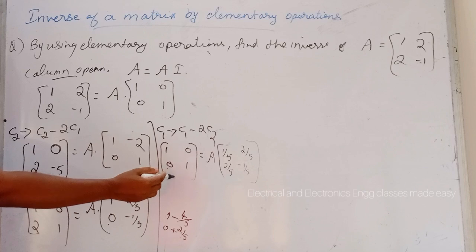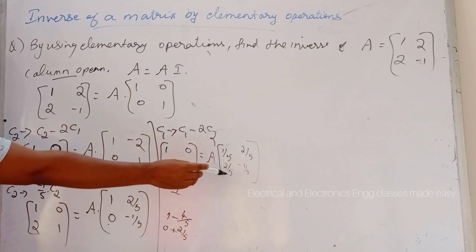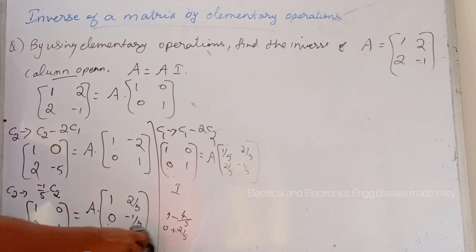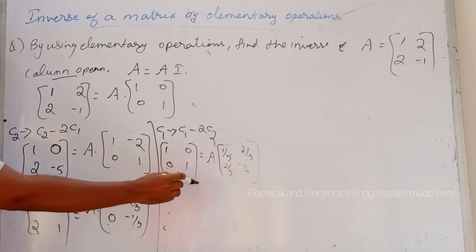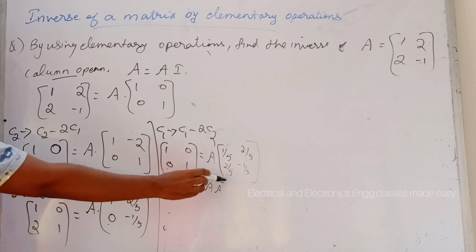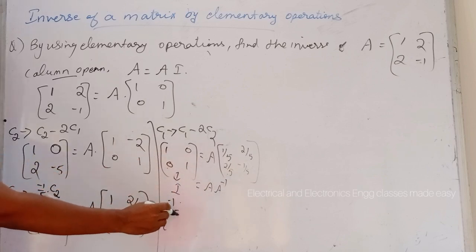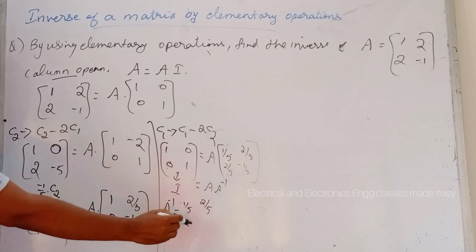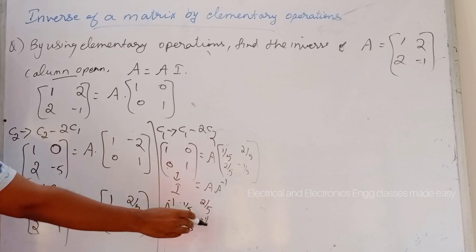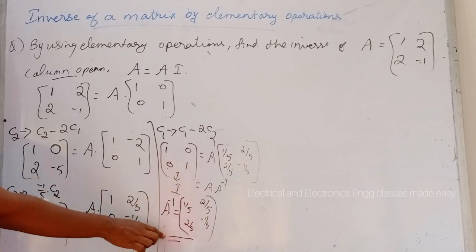So here we get this as the identity matrix. So this one will be A inverse. So this is in the form I equal to A into A inverse. So A inverse is equal to 1 by 5, 2 by 5, then 2 by 5, minus 1 by 5. So this is A inverse.